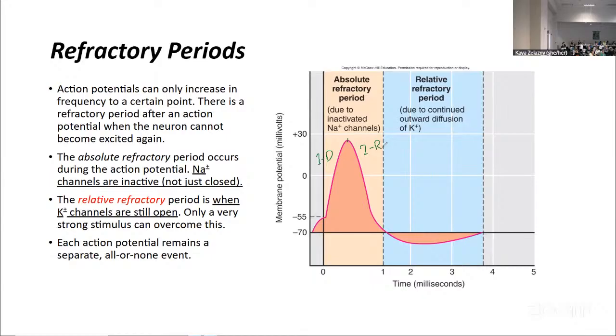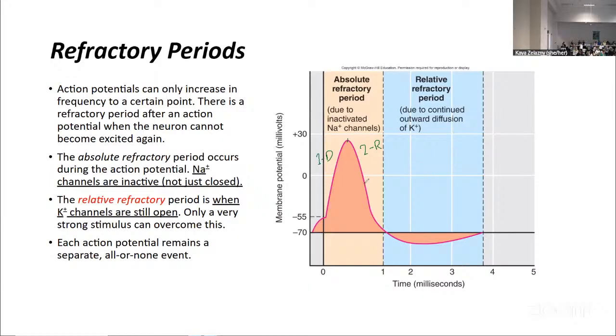During this repolarization phase, we've just had those inactivation gates swing closed on the bottom of the voltage gated sodium channels. And those don't open back up with anything but time, basically. It takes some time to reset them. You can't send little electric zaps at them and make the inactivation gate open.